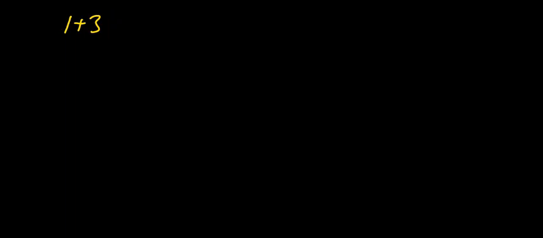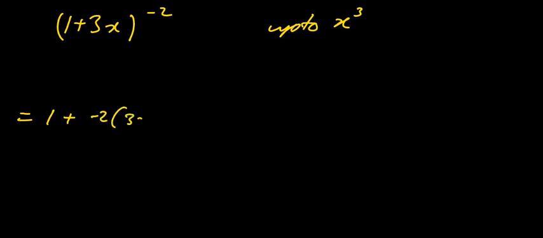Then this is raised to the power negative 2. Then they want you to expand up to this. So we follow the expression: this is going to be negative 2, then you have 3x.